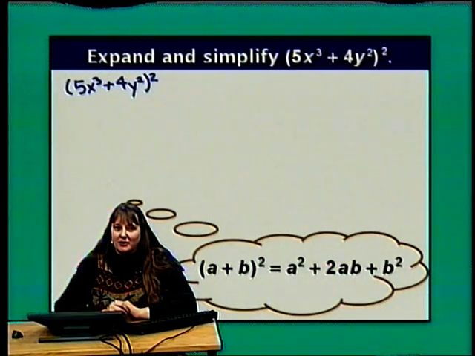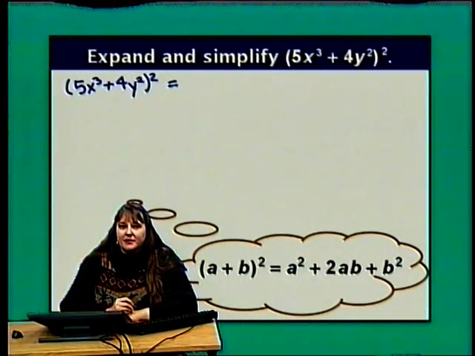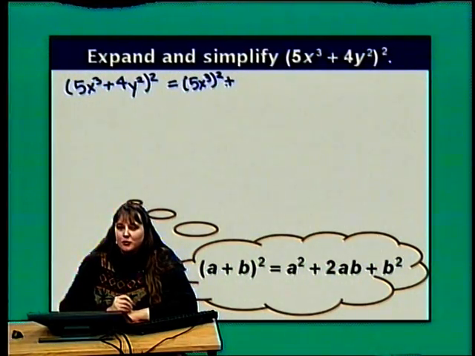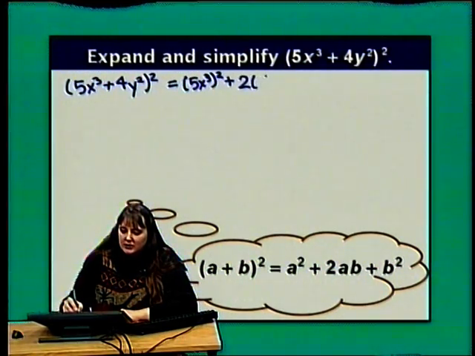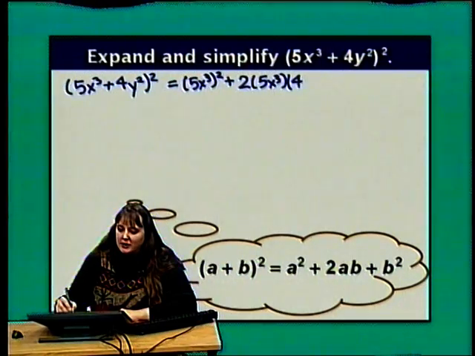A plus b quantity squared equals a squared plus 2ab plus b squared. So in this case, a is 5x cubed. I need to square that. Plus 2ab would be 2 times 5x cubed times b, which is 4y squared, so times 4y squared. Plus b squared, so the square of 4y squared.